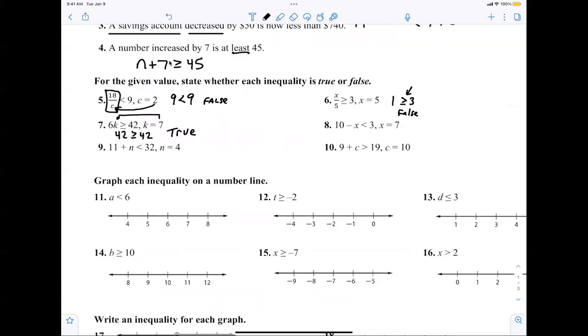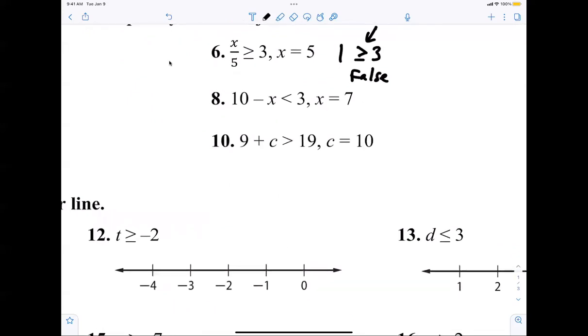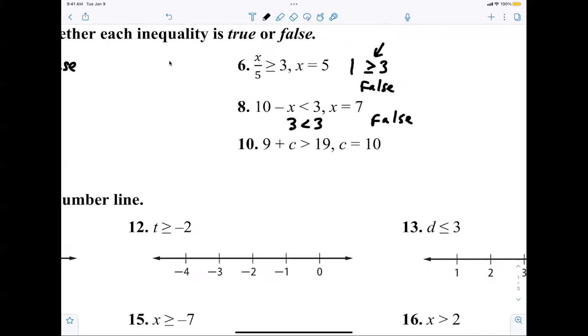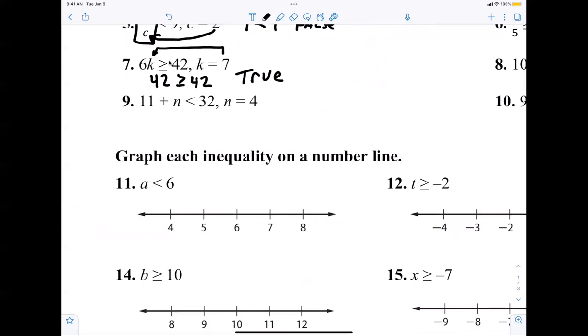All right, here we go. Now, Lila, tell me about number 8. It's false. Why? Well, 10 minus 7 is 3. Is 3 less than 3? No, that's why that's false. Okay, Austin, you're up for number 9.